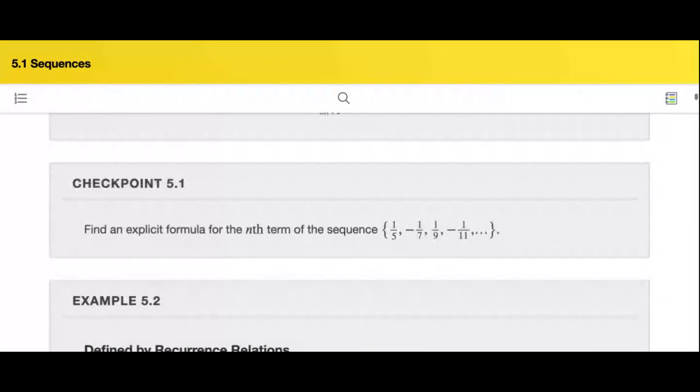Okay, now you try. 5.1. Try to find the nth term for this sequence. This is an alternating series.